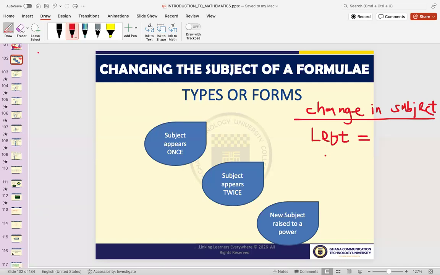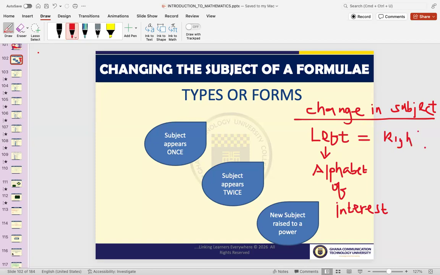So on the left-hand side, you will have the alphabet of interest. That's the result you want. And then all other alphabets or numbers will be on the right-hand side.